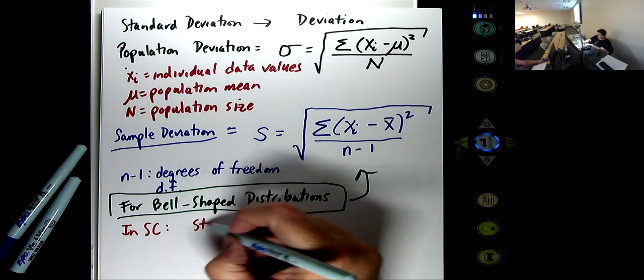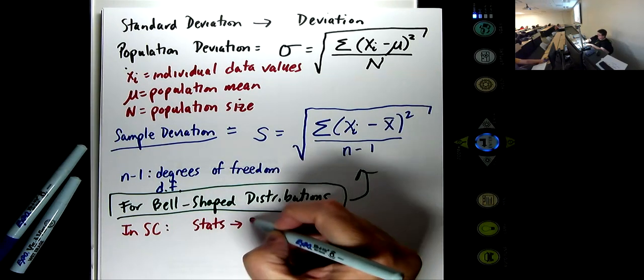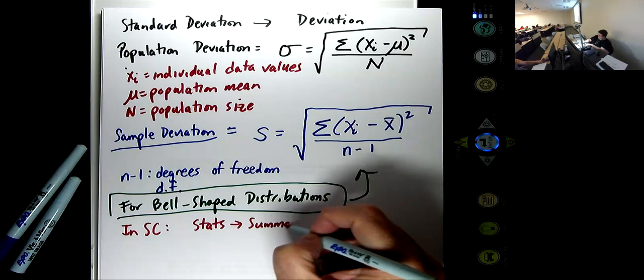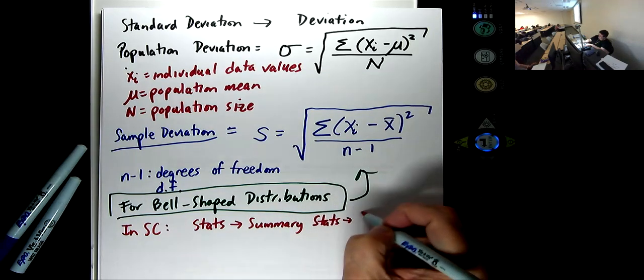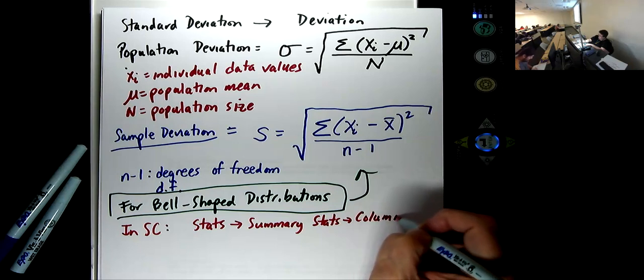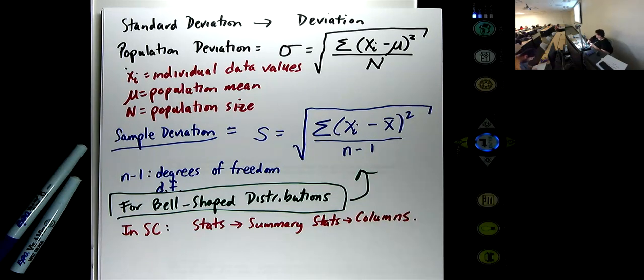We go Stats, Summary Stats, Columns. You will see two of them listed though.